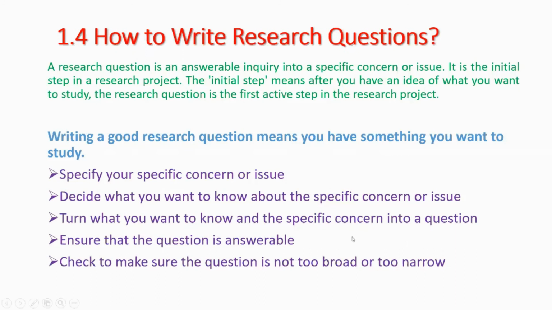A research question is an answerable inquiry into a specific concern or issue. It is the initial step in a research project. The initial step means after you have an idea of what you want to study, the research question is the first active step in the research project.